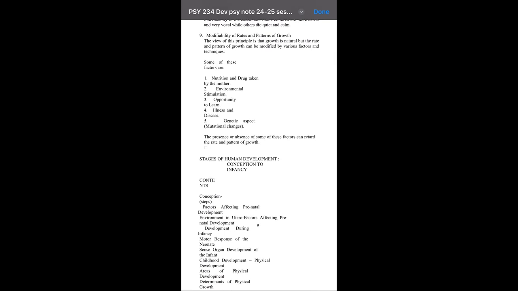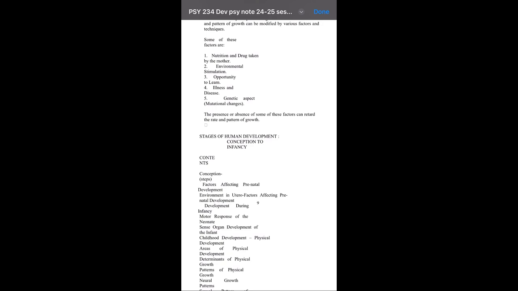Some of these factors are nutrition and drug taking by the mother. Does your mom eat well? Does she not eat well? Does she eat a balanced diet? When you were in the womb, did she take some certain drugs, like maybe for morning sickness? There are so many factors.